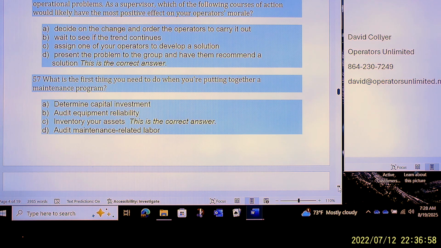B, wait to see if the trend continues. C, assign one of your operators to develop a solution. D, present the problem to the group and have them recommend a solution. The answer to 56 is D, present the problem to the group and have them recommend a solution.